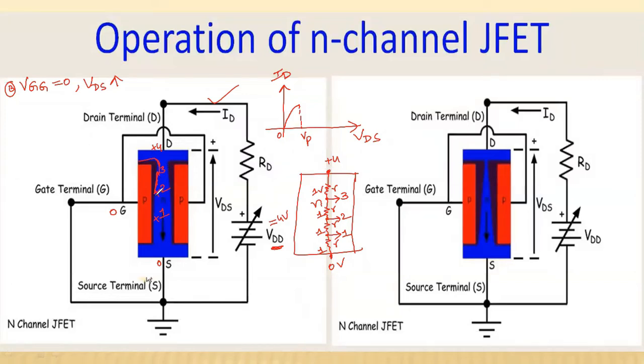And similarly, if you go down, the reverse bias voltage decreases, so the width of the depletion layer also decreases. So in this way, the width of the depletion layer is more near the drain terminal and less near the source terminal. So this is due to the internal resistance property of the JFET.